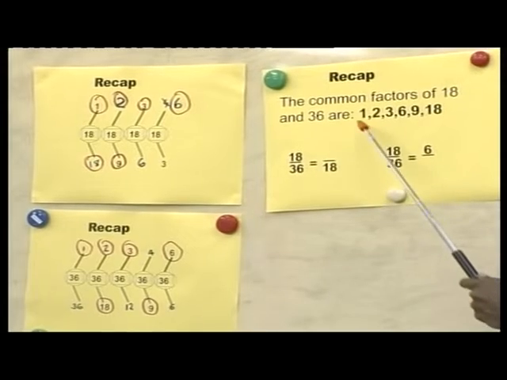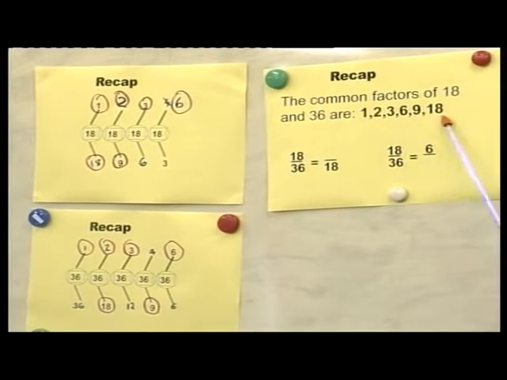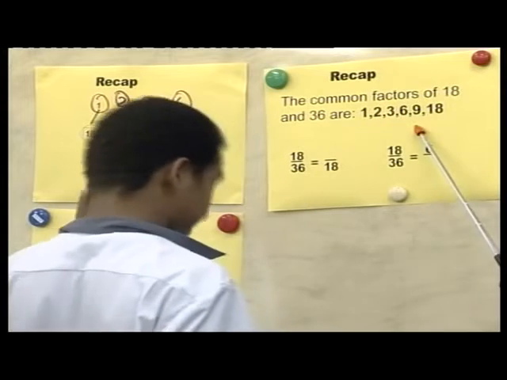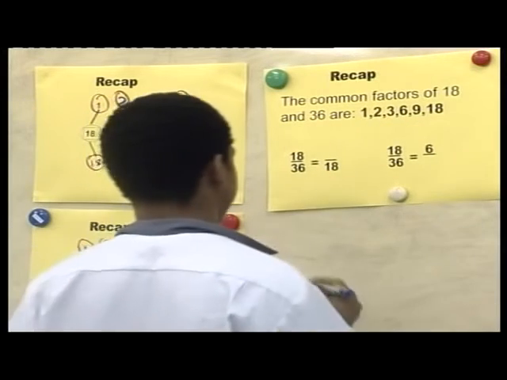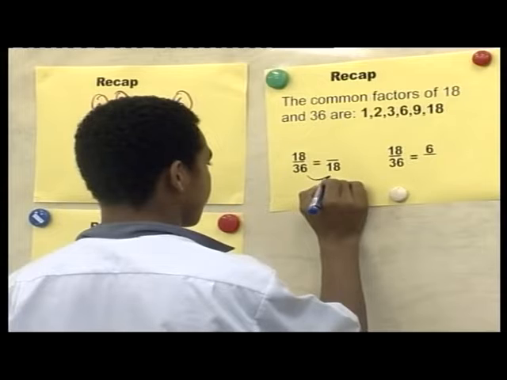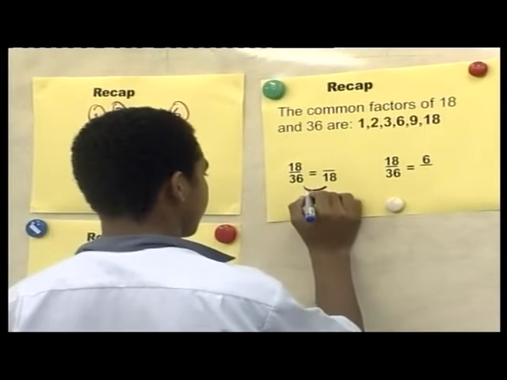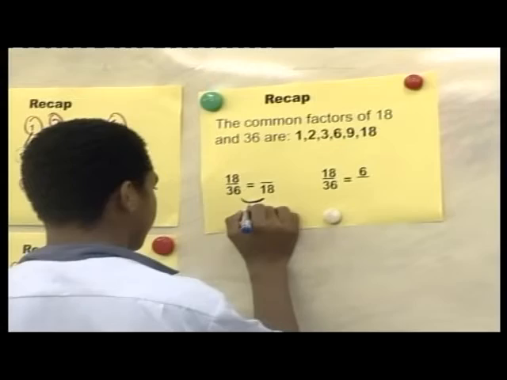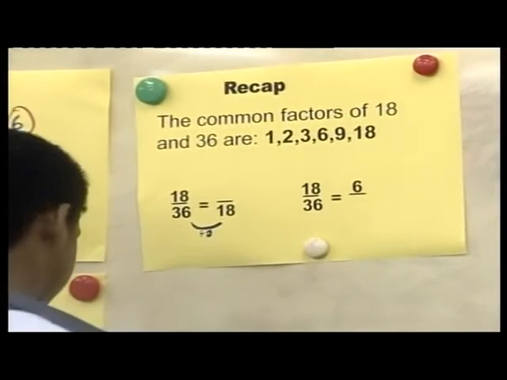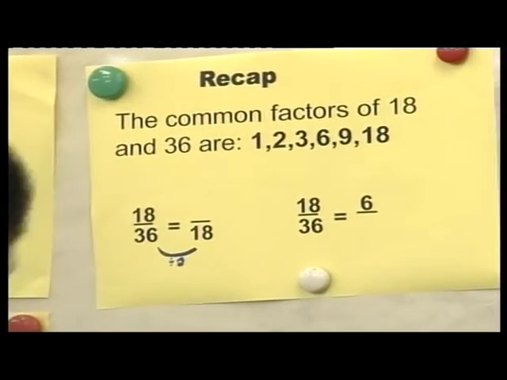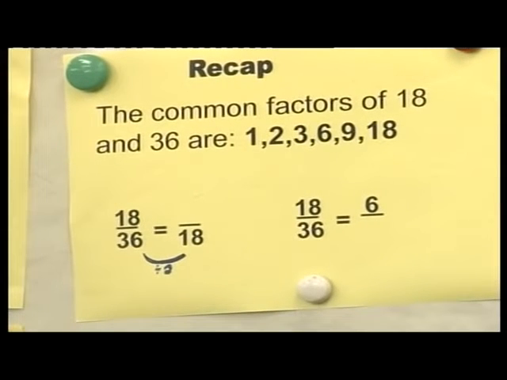Remember, we have already found the common factors, so it's now easy for us to choose from these common factors, and we try to put them here. Remember, we are now dividing using the operation of division. So you write in what common factor that you have used to divide by.